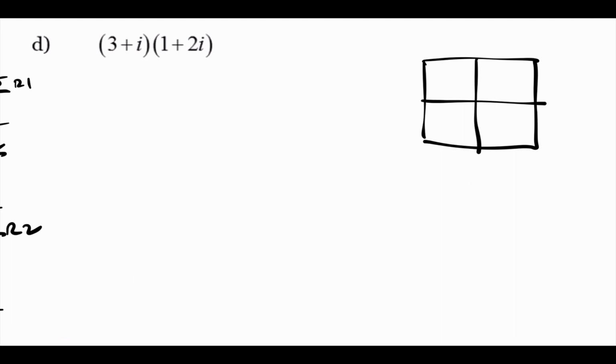We've used the table before, but we're going to use it a little differently than we've used it before. We're used to starting out on the inside, putting things on the inside and then figuring out what's on the outside. We're going to do the opposite. So the first one is 3 plus i. That's going to go on top. The second one is 1 plus 2i. That's going to go on the side. What we have to figure out is what was the stuff that went inside.